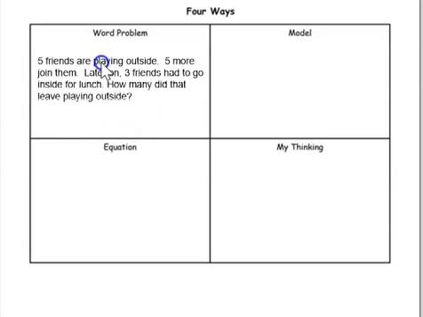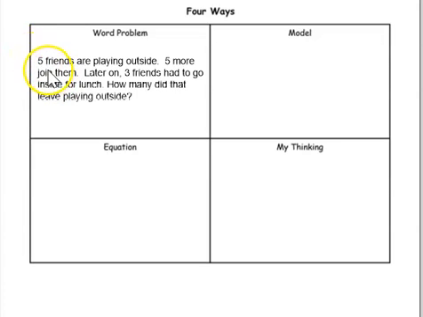Now, because we really want to think about this problem, we're going to use our 3-read strategy. And when we read it first, even if the numbers are there, we're going to think about this problem without the numbers.